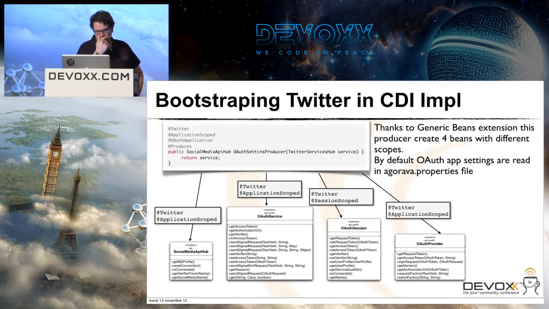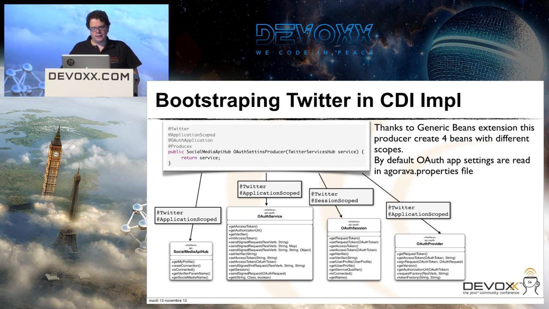To start to bootstrap a Twitter configuration with Agorava, I use what is called in CDI a producer. The @Produces you see before the declaration of the method means this method will return an object that will become a CDI bean. On top I have a qualifier that will mark this social media API hub as a Twitter-related social media API hub.